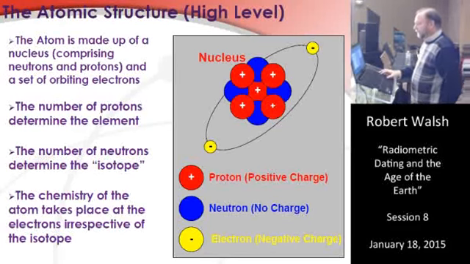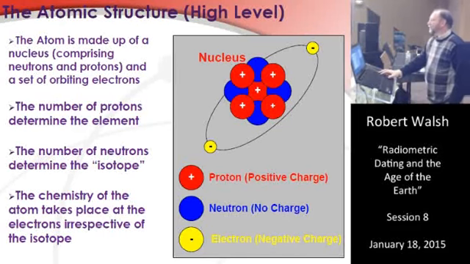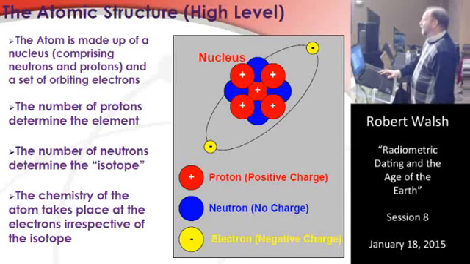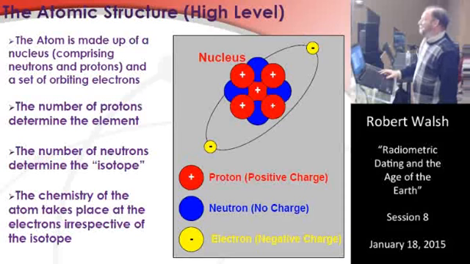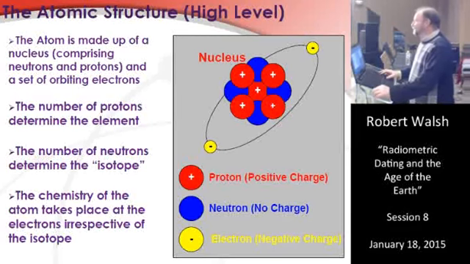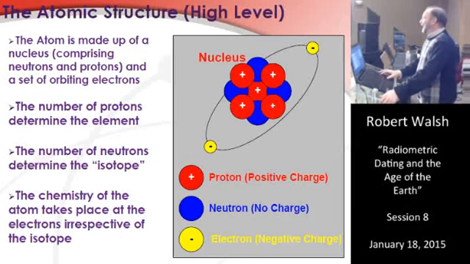The number of neutrons determines what we call the isotope of the element, and that is the one that wants to become just a normal element. So the isotope is the type of element that will decay into what we might call a happy atom, if you will. It's the way we were told in junior high, that these atoms want to be happy atoms, and therefore they decay to a happy state.